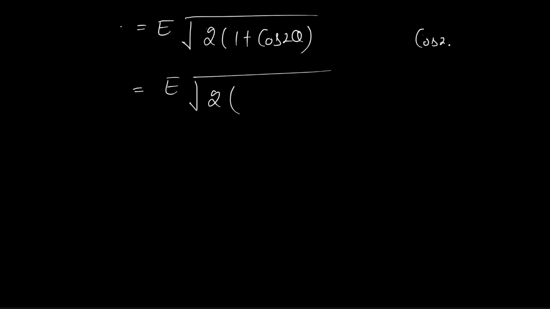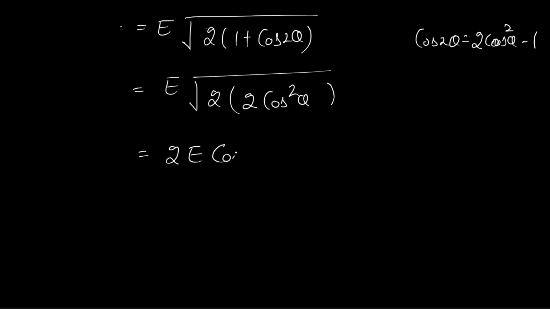The cos 2 theta formula is 2 cos square theta minus 1. Then 1 plus cos 2 theta is 2 cos square theta, and then it comes out to be the under root, the value 4 comes out as 2, then E and cos theta come out.